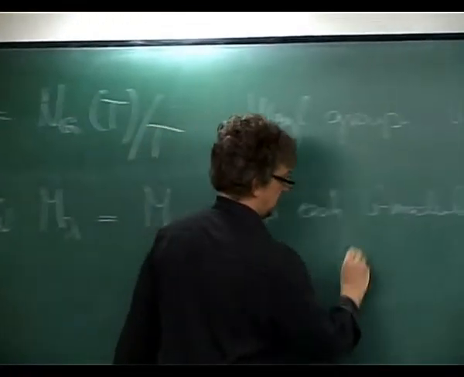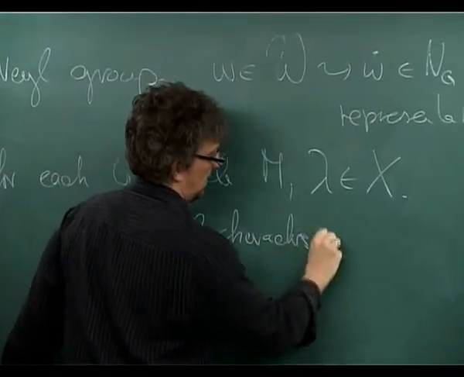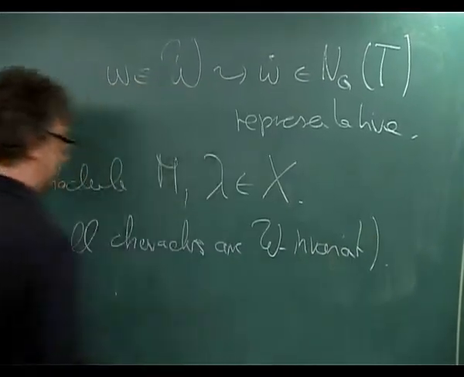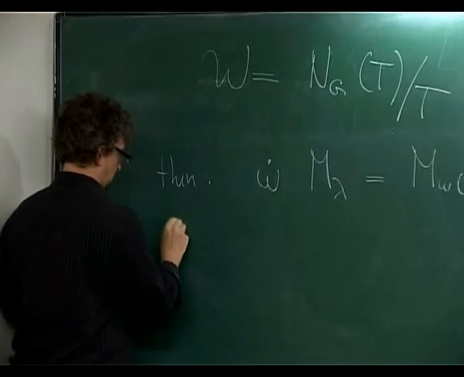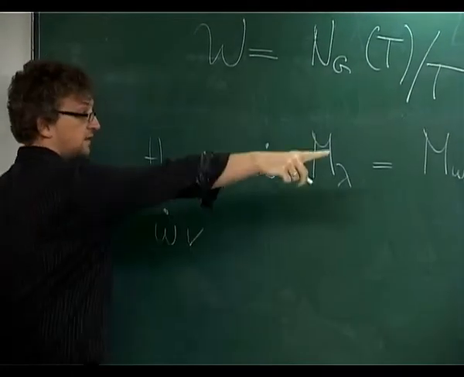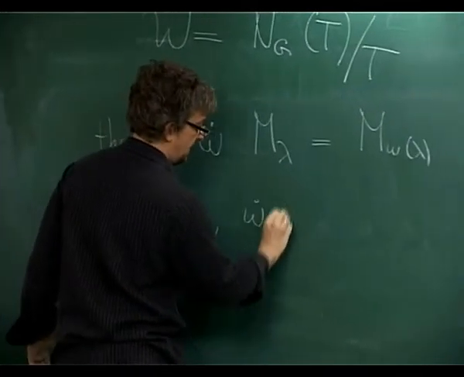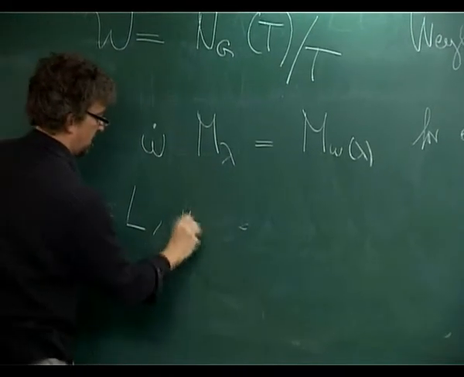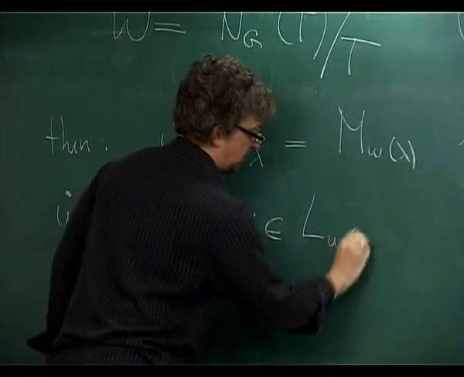So as an aside, all characters are W invariant. So now our claim is that w dot V, as before, is in L as well, but this w dot V is an element in L_{w(lambda)}.